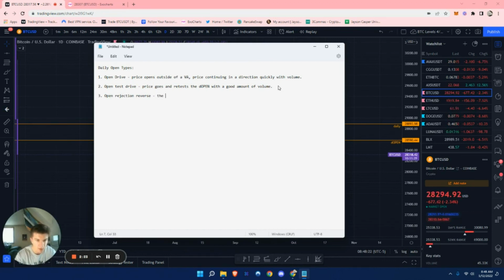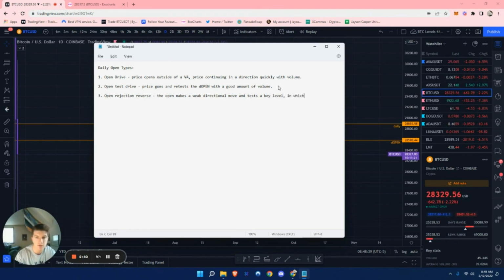And lastly, the third type is the open rejection reverse. This is where the open makes a weak directional move and tests a key level, which is why it's important to do your TA, and price reverses.